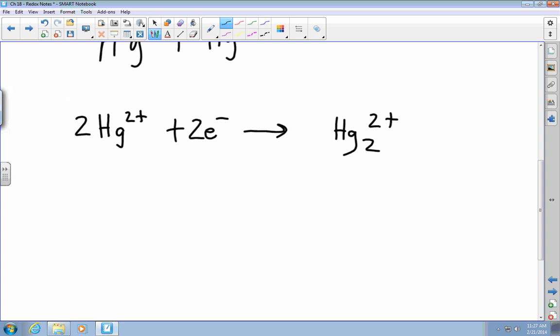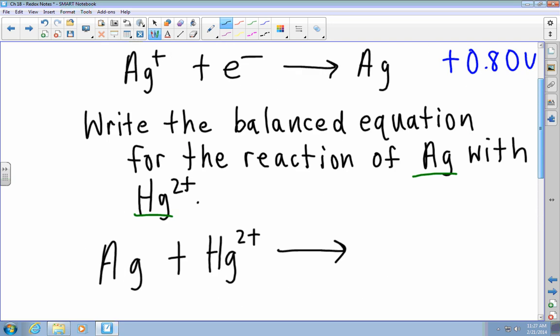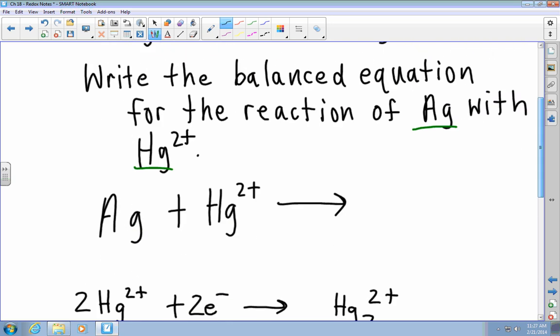So we're going to have Ag going to Ag+ plus an electron. Okay, so that works out.